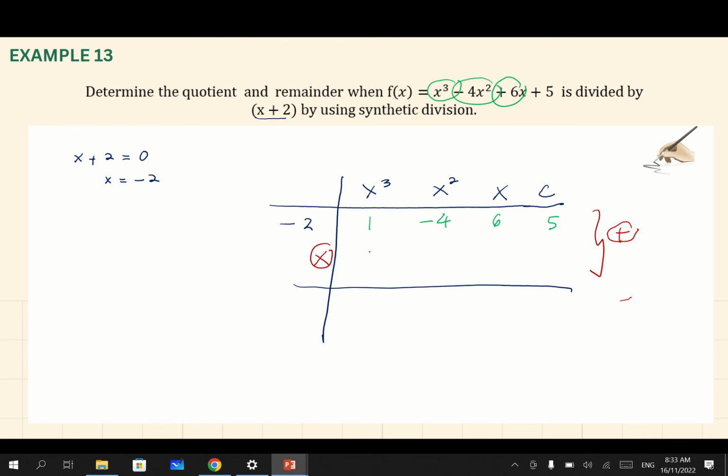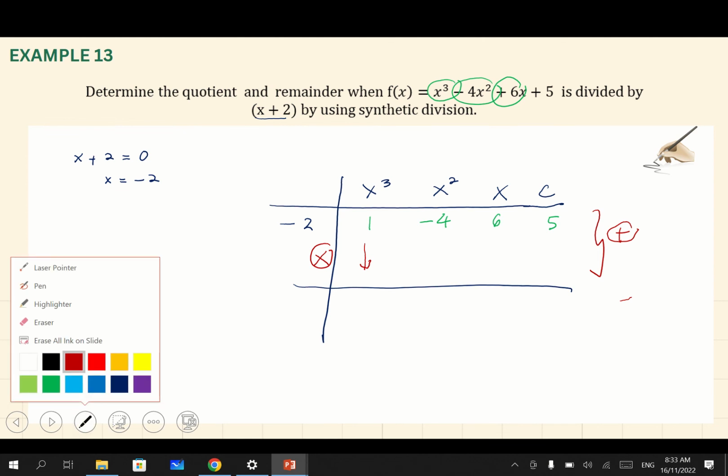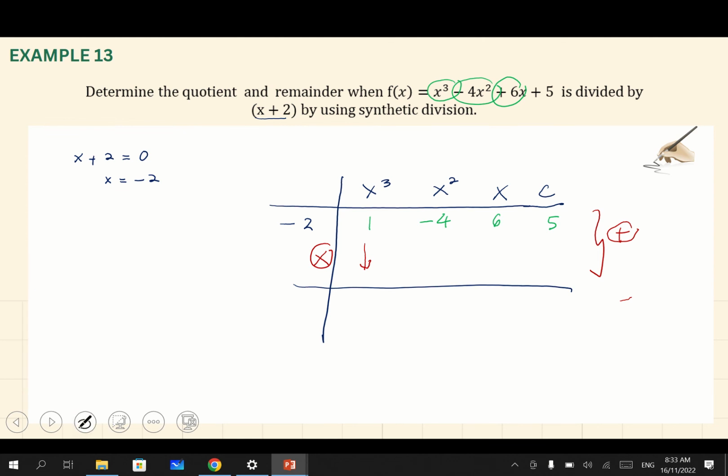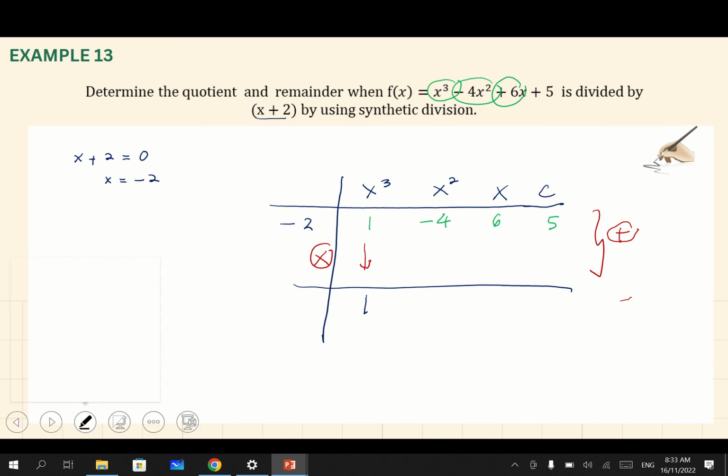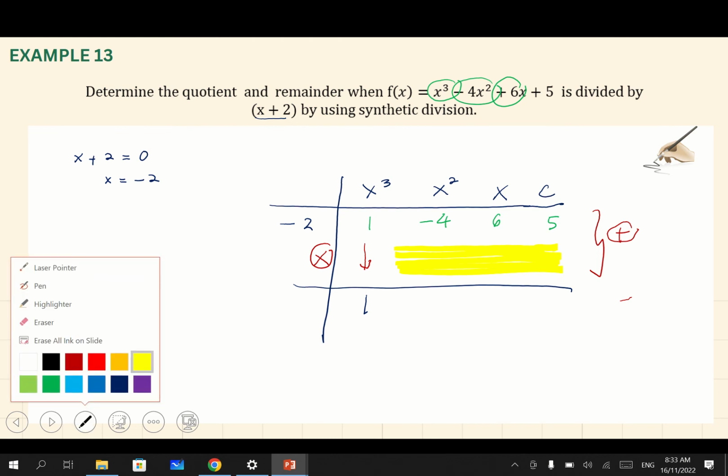Next, kita bawa turun 1 ni pergi sini. Kita bring down the first coefficient 1, so dapat sini 1 lah. So nak dapatkan baris yang tengah-tengah ni, you have to multiply with the value of x.